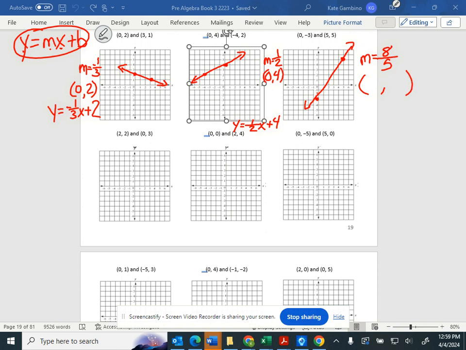Claire? 0, -3. So what is my slope-intercept form, James? Y equals 8/5 x minus 3. Very good. We don't write plus -3 because remember that negative sign means minus. So it would be y equals 8/5x minus 3.